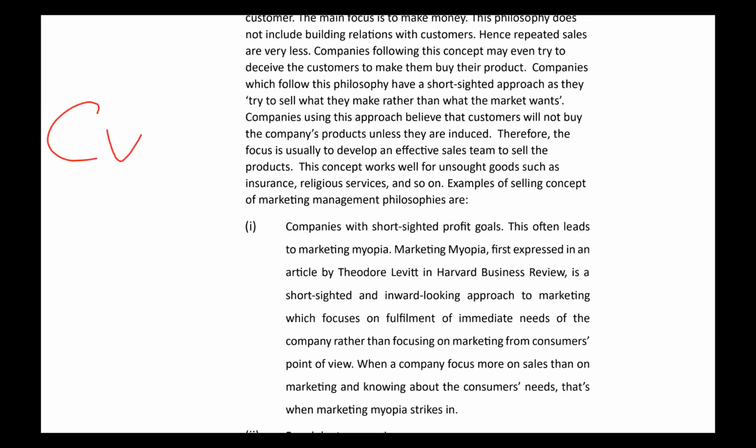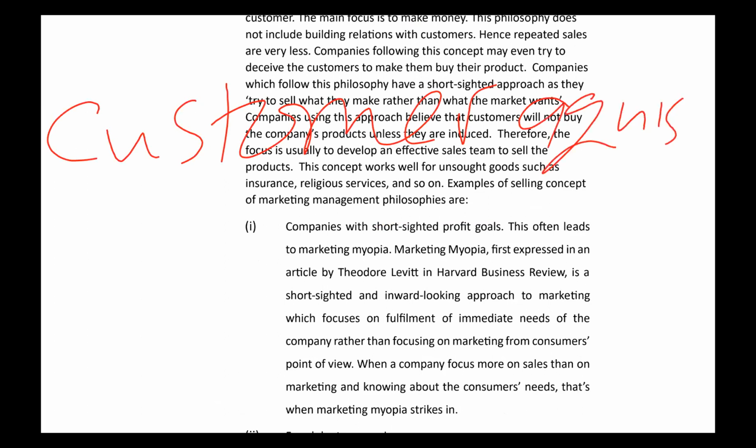Just customer acquisition. This is their focus. You just want many people to be coming. You just want new customers. You don't care about the already existing customers. That's wrong.